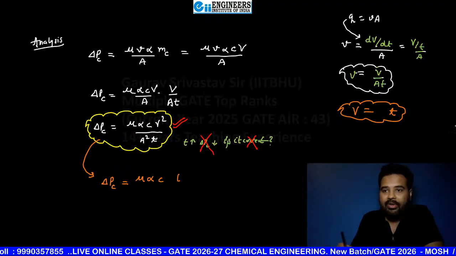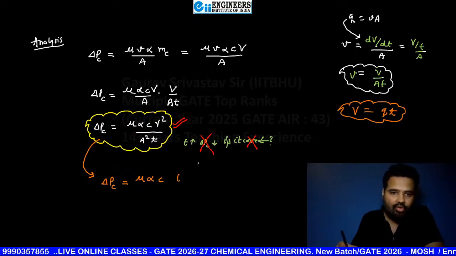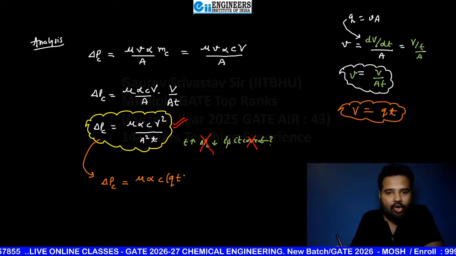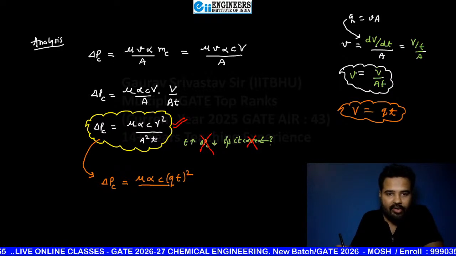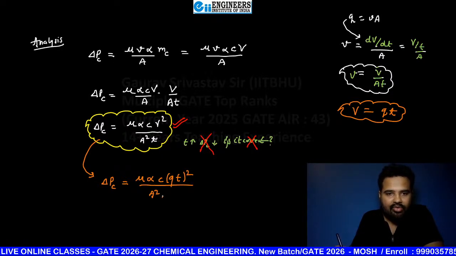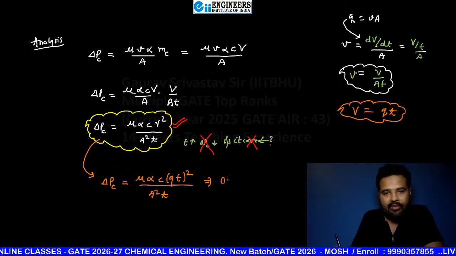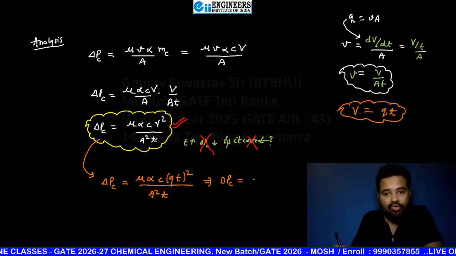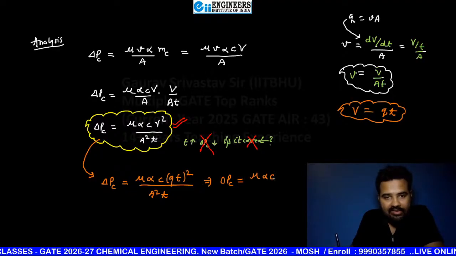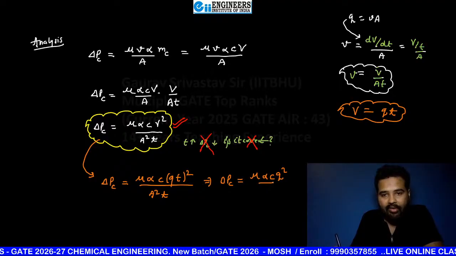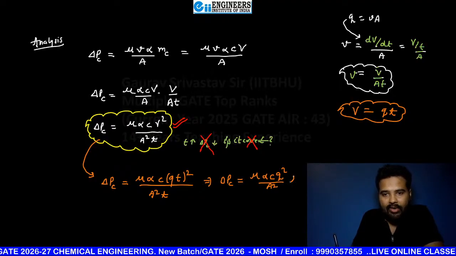So here you can write V is equal to small q t, and now this is small q t whole square upon A square t. Now you can see, further solving, it will give you delta Pc is equal to mu alpha c into q square upon A square into t.